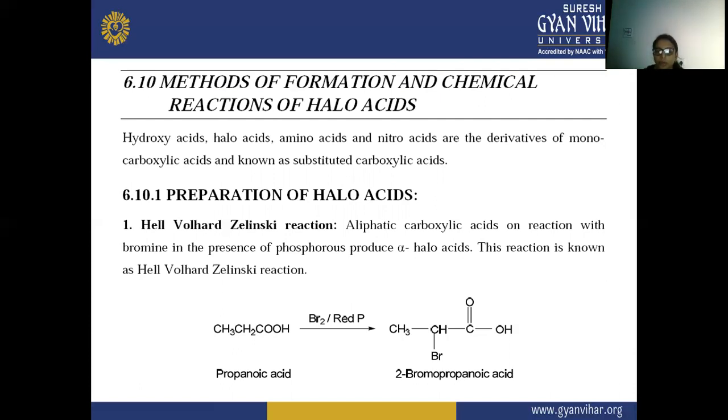So in this, propanoic acid is reacting with bromine in the presence of red phosphorus, and there is a formation of alpha bromopropanoic acid. So here the 2-bromopropanoic acid is formed, that is also known as your alpha halo acid, or you can say alpha bromopropanoic acid.